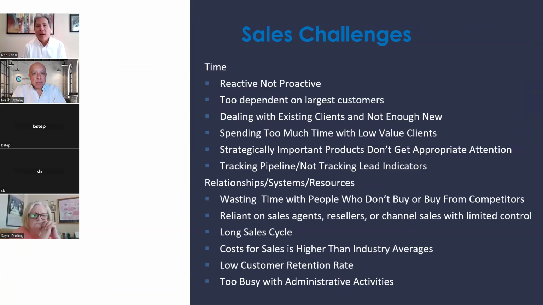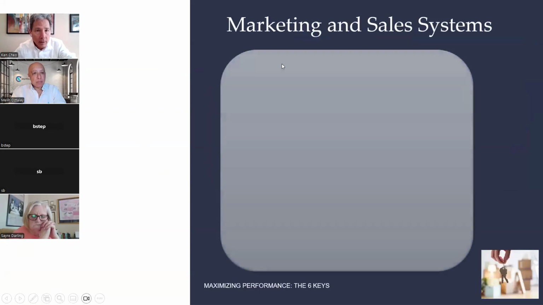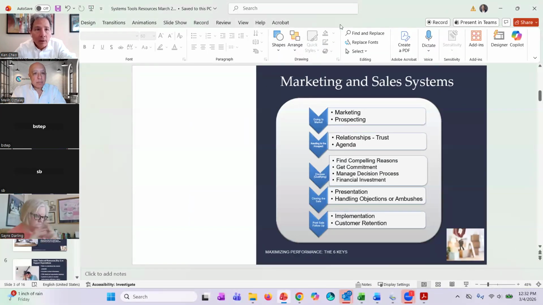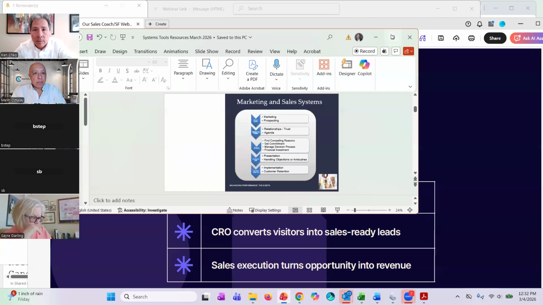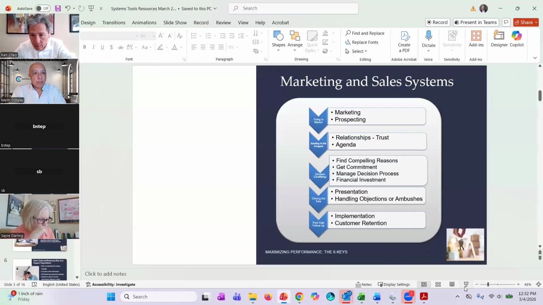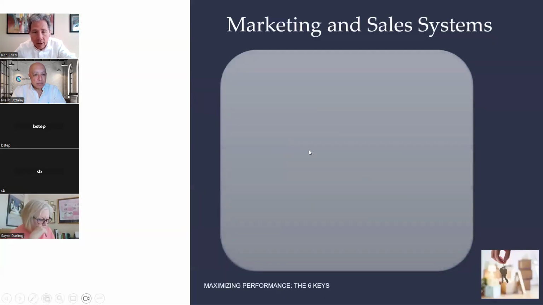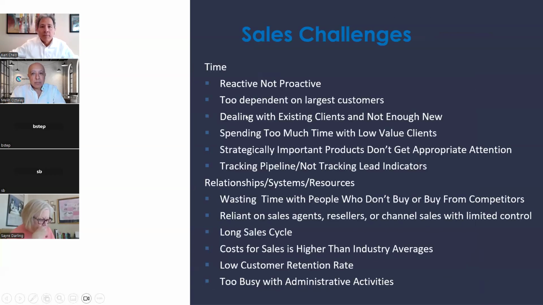So I'm going to be talking about sales. Anyway, what I tell clients is a salesperson's two greatest assets are their time and their relationships.